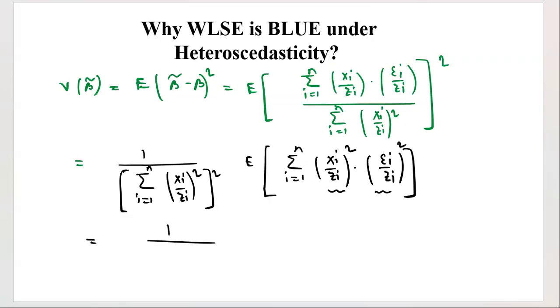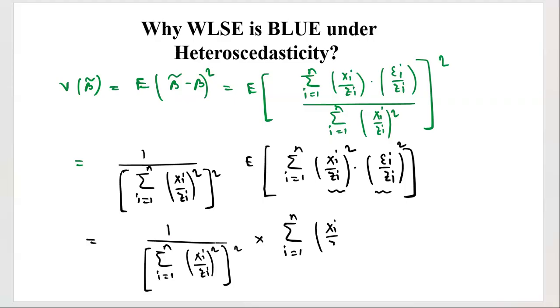Now this is the same, summation i from 1 to n, xi upon zi whole square, and a whole square of that. And then in this particular portion, summation i from 1 to n, xi upon zi square will come out because they are constants basically, and the expectation will be on this particular term, epsilon i upon zi whole square.